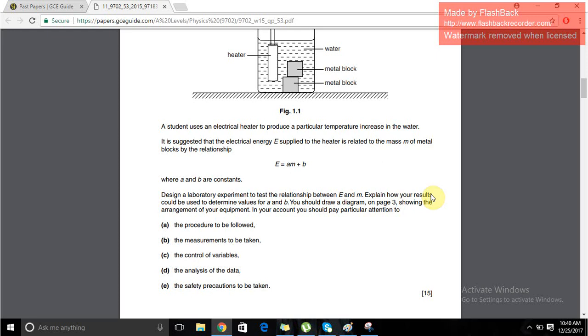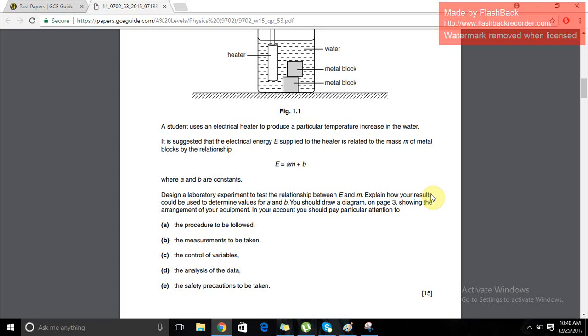The first 2 marks, how to get them? You identify the variables. Independent variable is the one you would be changing, and that would be the value of m. And how would you change that?